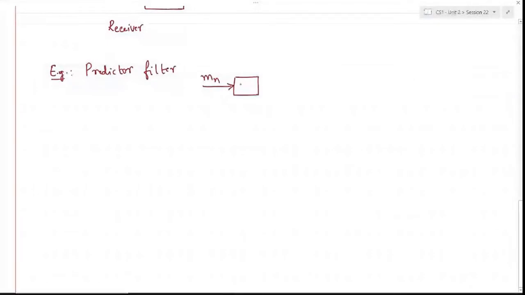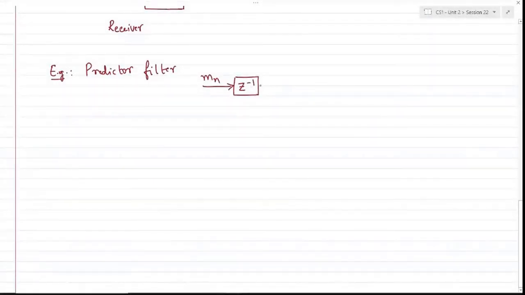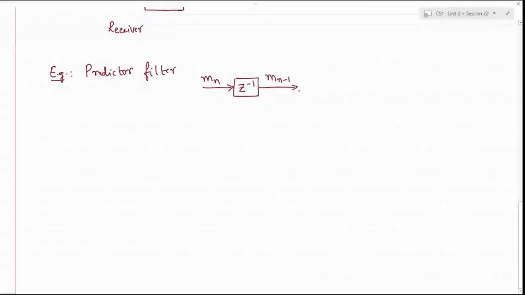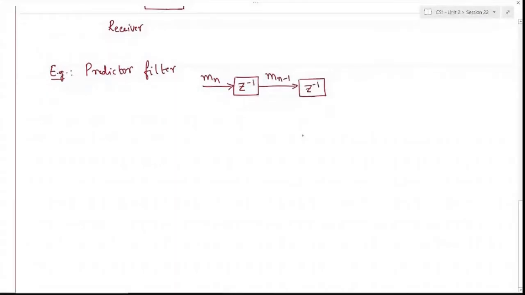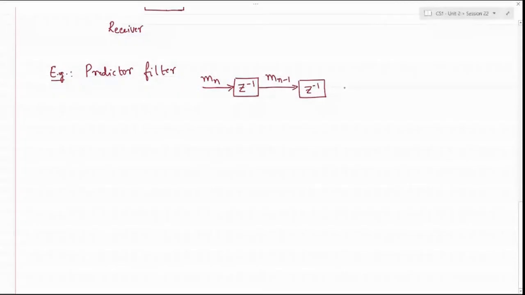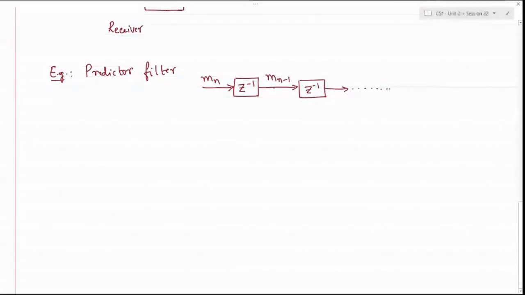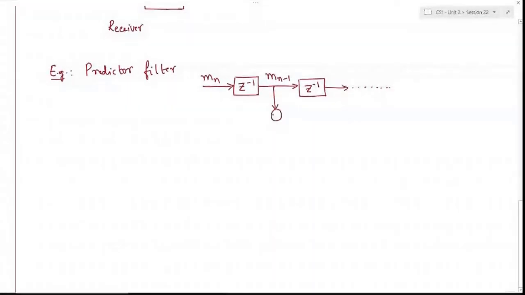So with a discrete kind of representation, it could be delayed for 1 unit of time, and the output, if I represent this as Mn minus 1, and say if there are multiple delay units, okay, then Mn minus 1 is passed through certain weights.